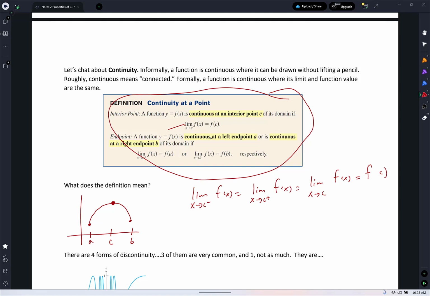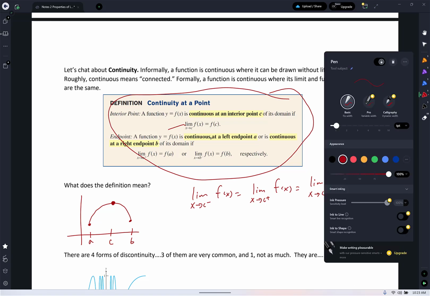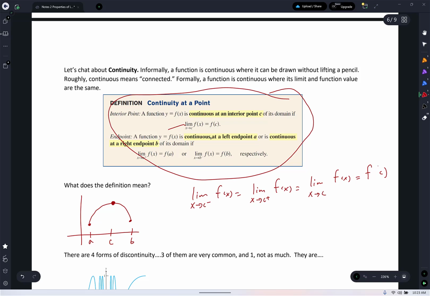But now notice that I wrote f of C there. So what does that mean? That means if I plug in the x value and I get that output, that specific y value, then I'm continuous.